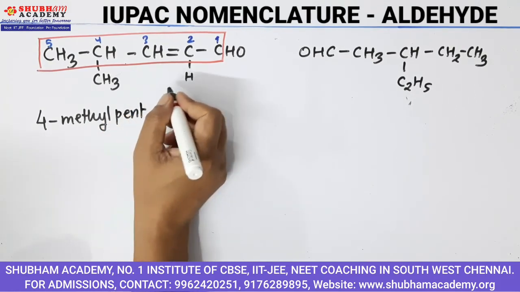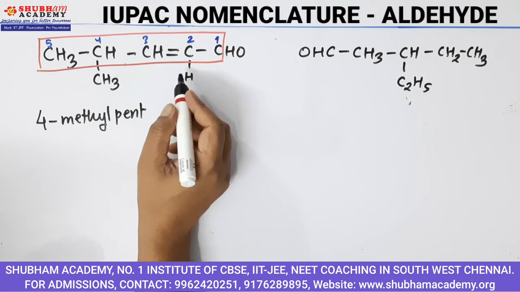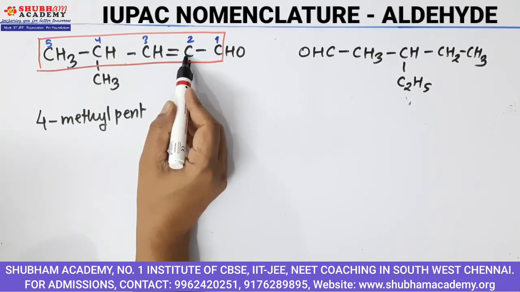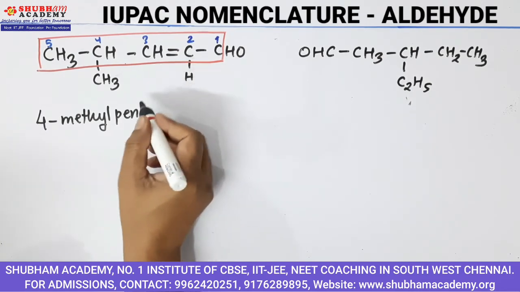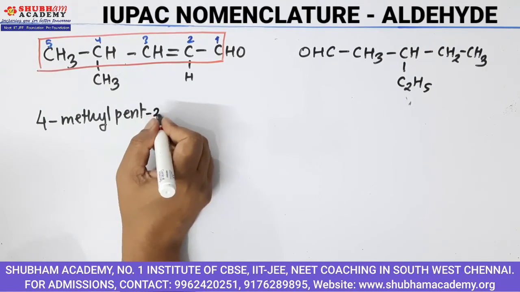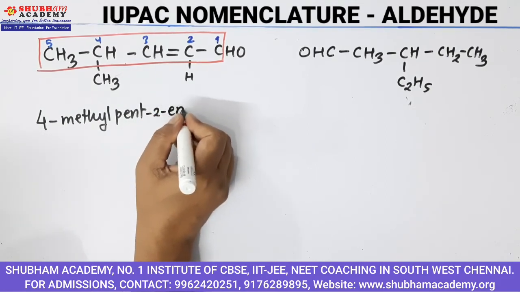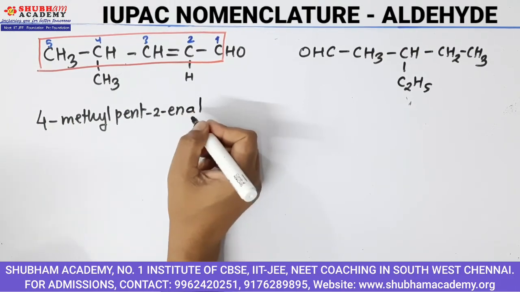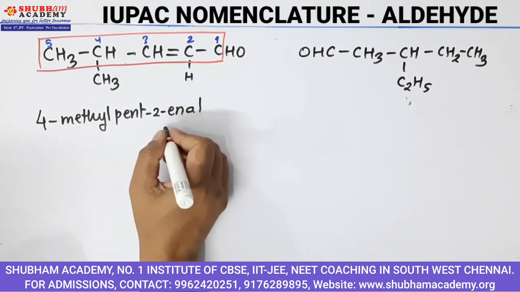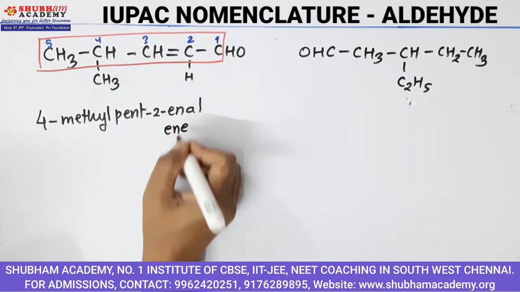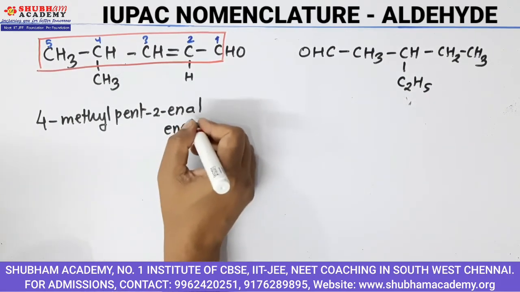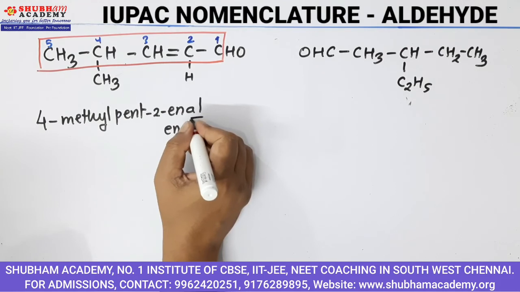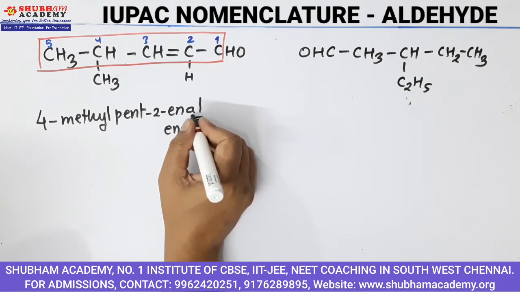Okay. Now primary suffix, what will be the primary suffix? See, you have one double bond at 2nd position. So 2nd position you have ene, right, followed by al. Okay. Now here one thing you can notice, normally we are writing ene as ene, right? Since this is my secondary suffix which is beginning with vowel.